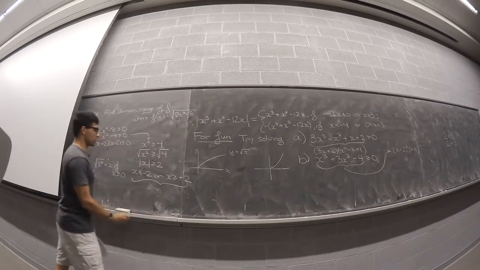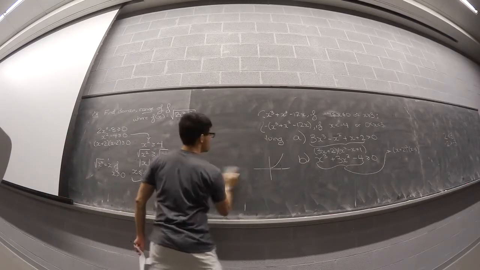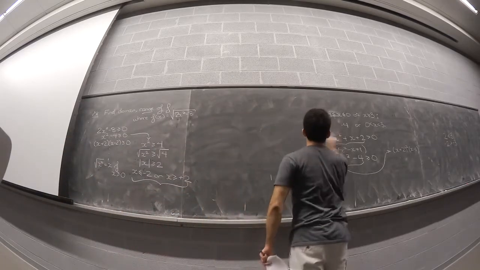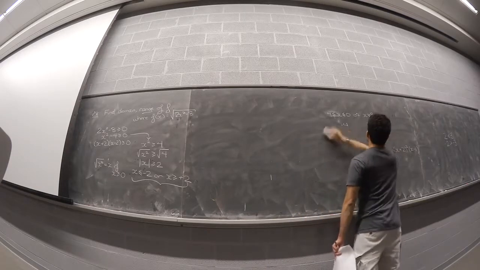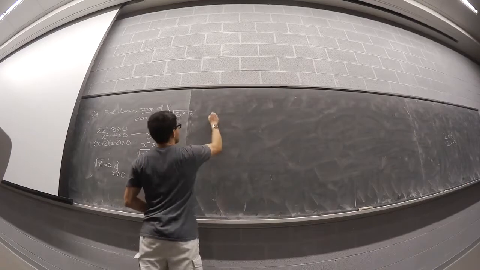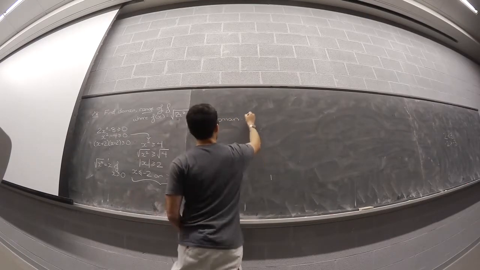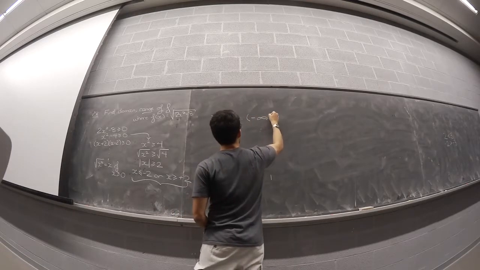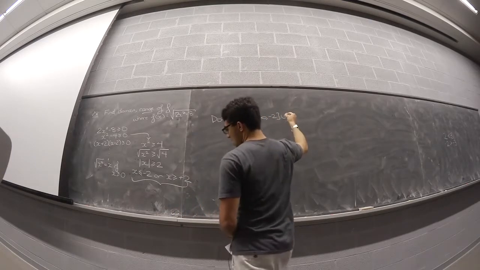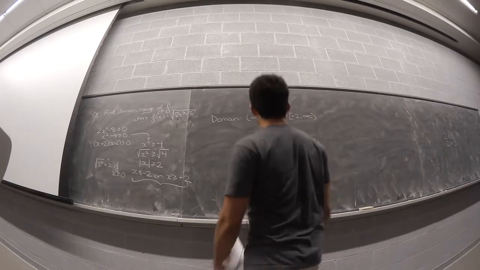So, no, let's write this properly. Okay, so the domain here, write it however you like, is everything up to minus 2 and everything after plus 2.